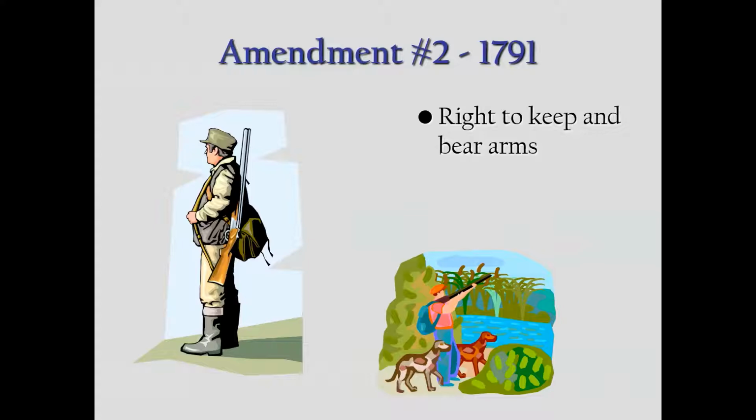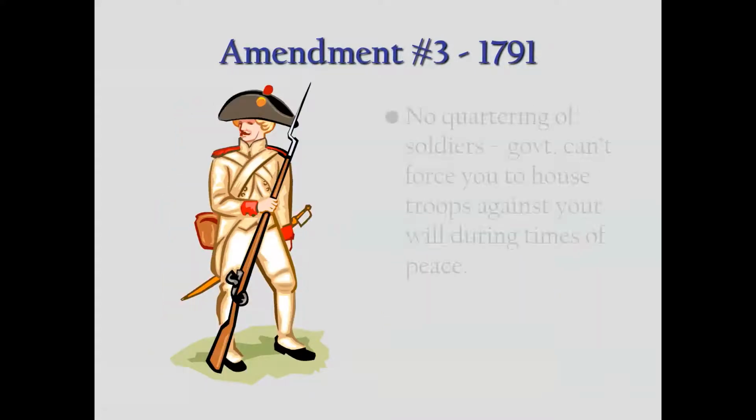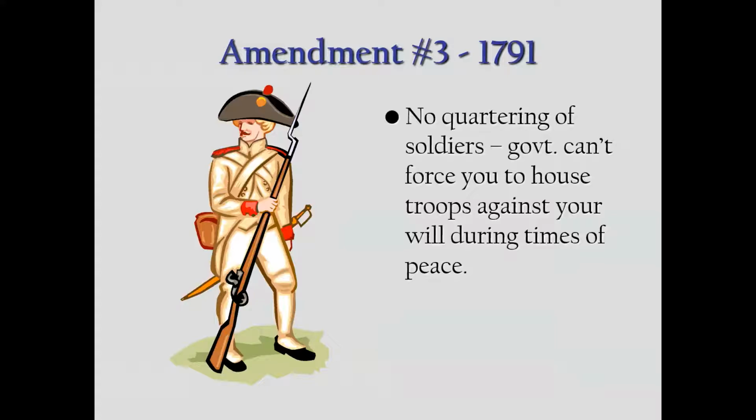Amendment number 3 is maybe a little bit less well known than the first 2, but it's a pretty basic idea and was more applicable in 1791 than it is probably today. The Third Amendment says that the government can't force you to quarter soldiers in your house during times of peace.